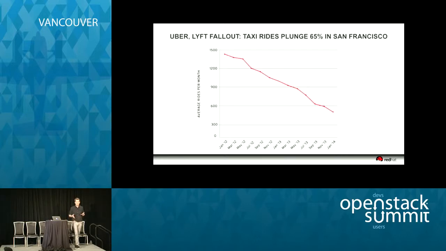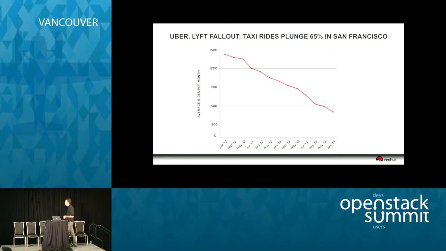But what is the impact to companies that fail to innovate and rest on their laurels? Right, the San Francisco taxi industry is a perfect example of how software is disrupting existing businesses. Several years ago, Uber and Lyft entered the San Francisco market with their innovative use of software applications. And the impact that they're having on the industry is quite alarming.